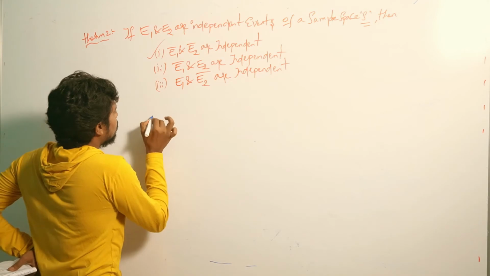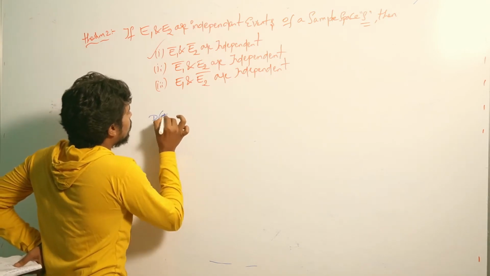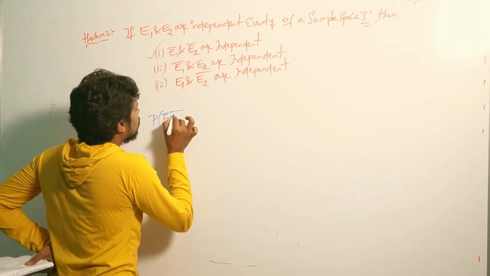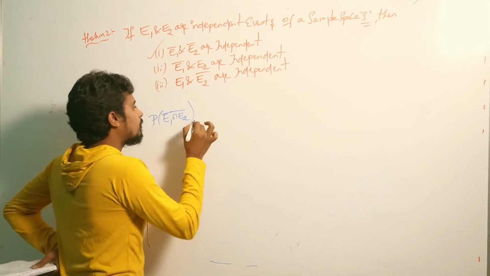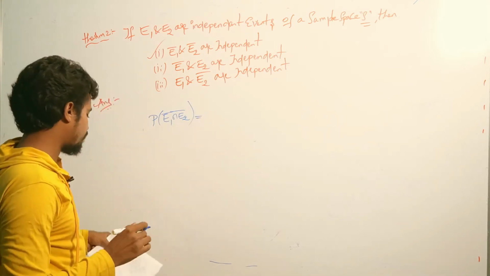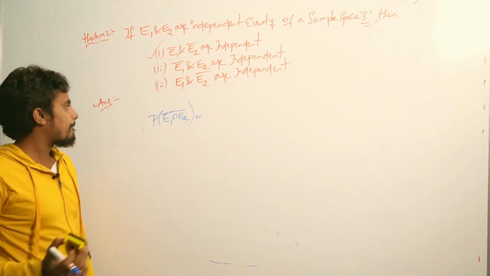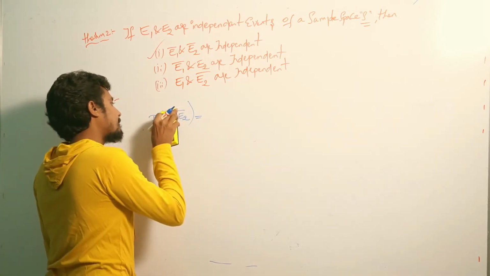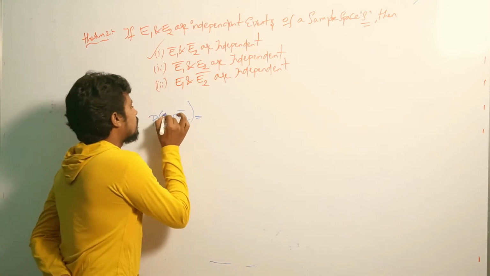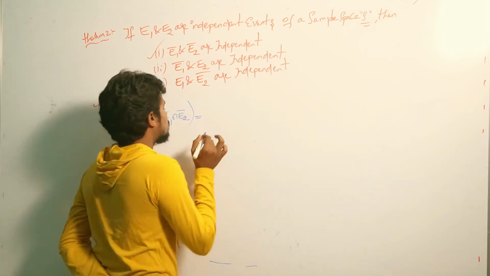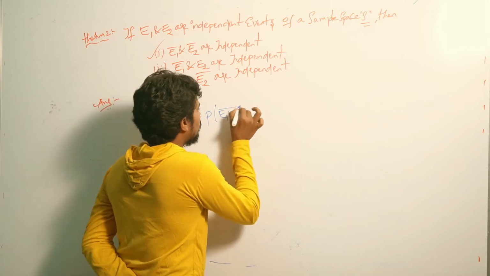Here P of E1 bar intersection E2 bar will be the P of E1 union E2 bar.